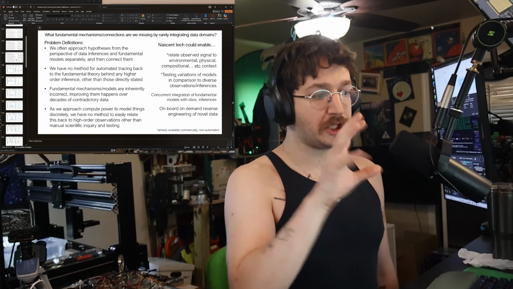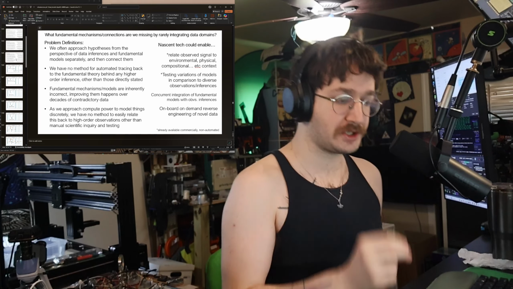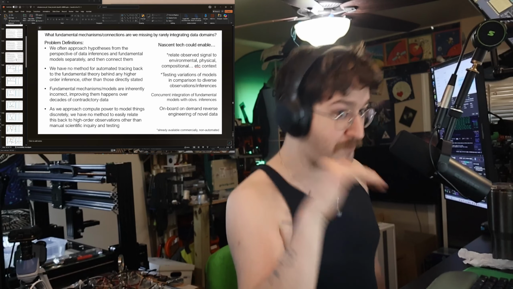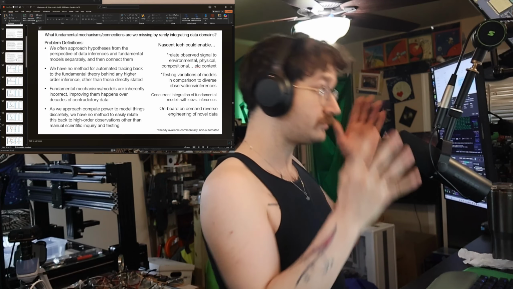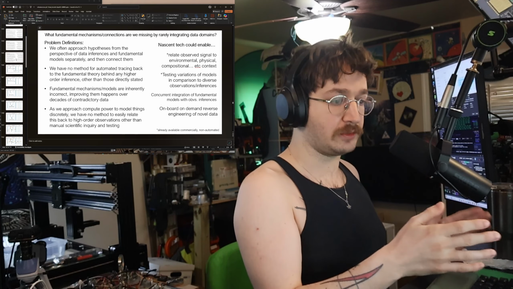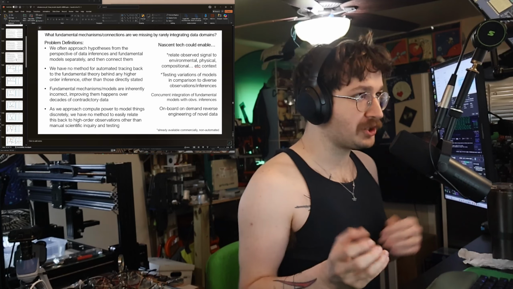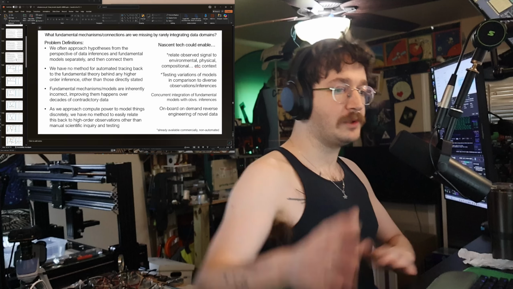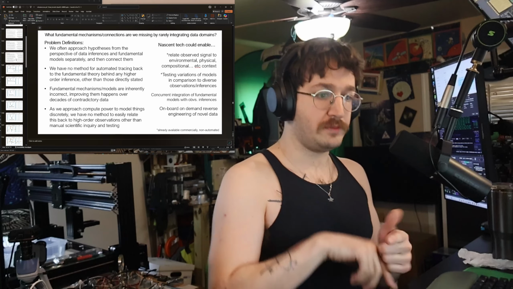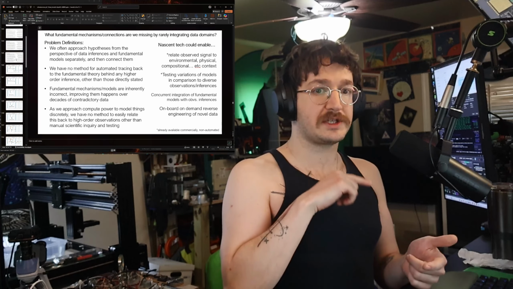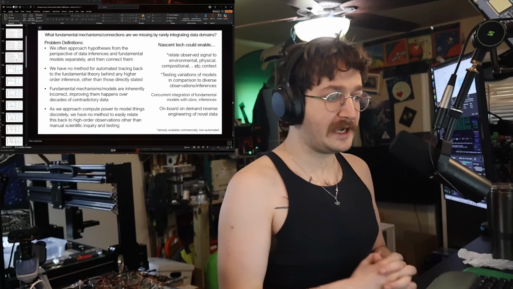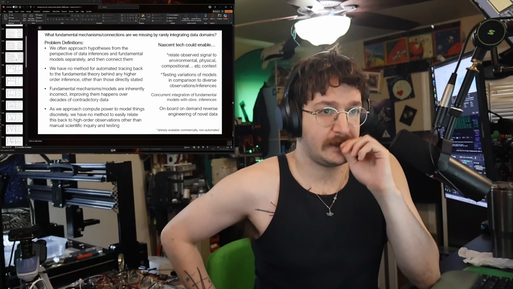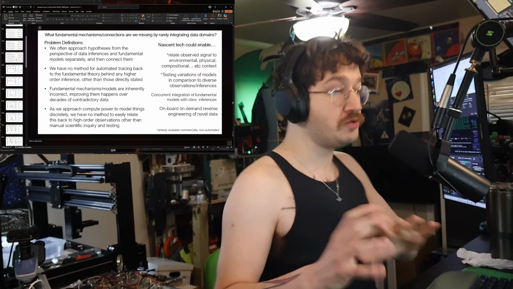And as we approach the compute power to be able to model things that discretely, we apparently have no methods to easily relate this back to those higher order observations other than doing the manual scientific inquiry and testing, right? We find an observation that contests the fundamental mechanisms that we thought were true, so we go back and look at those in more detail, as opposed to being something that we notice on the forward pass. So it's my opinion that nascent technology could help us relate those observed signals to the environmental, physical, compositional, and all those other contextual circumstances.